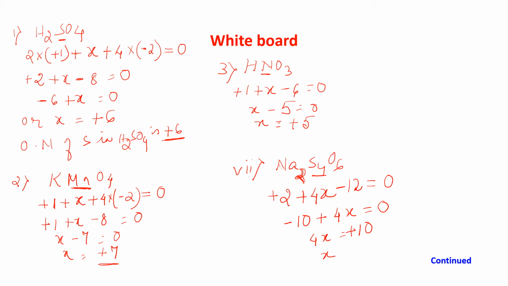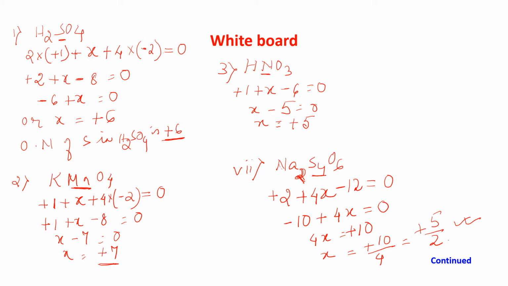X is equal to +10 by 4, which is equal to +5 by 2. So the oxidation number of sulfur in Na2S4O6 is +5 by 2.